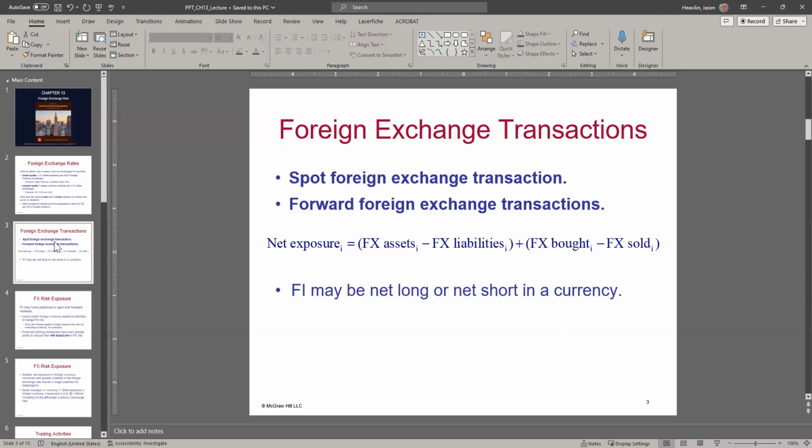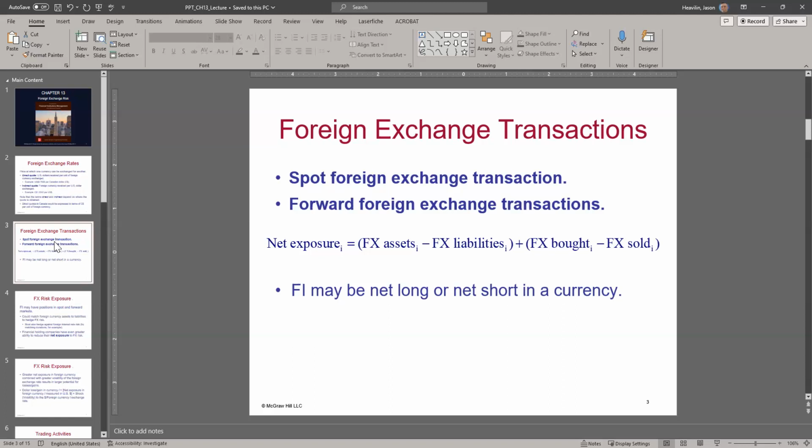Now, here's an example of the net exposure. This is the key part of calculations within financial institutions, because the idea is, well, what is at risk in the financial institution? Remember, this is about risk management. So exposure is one way to express how much risk is in the financial institution.